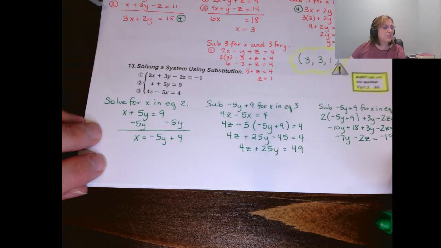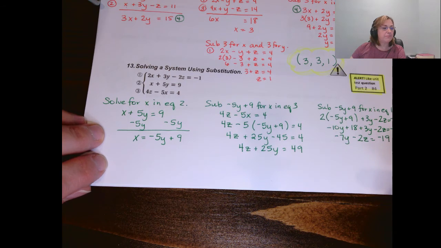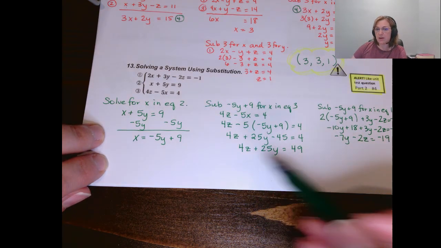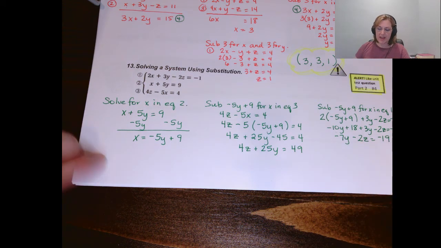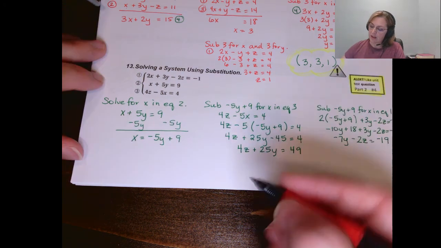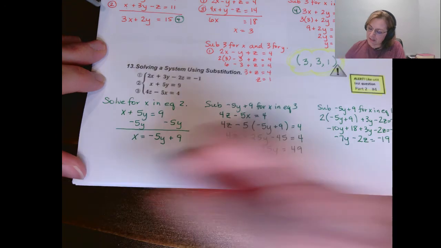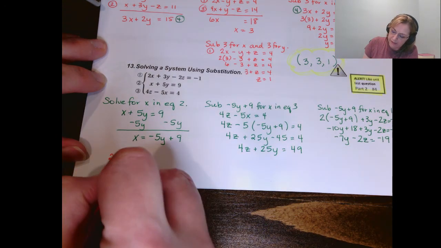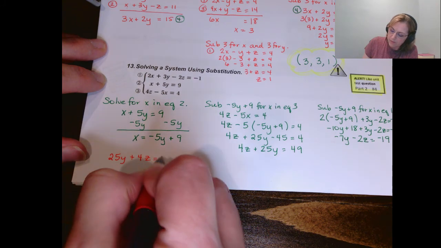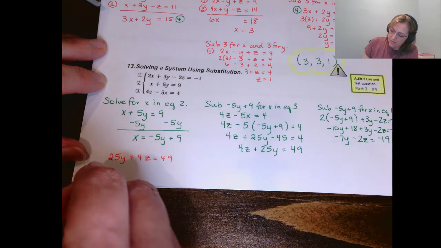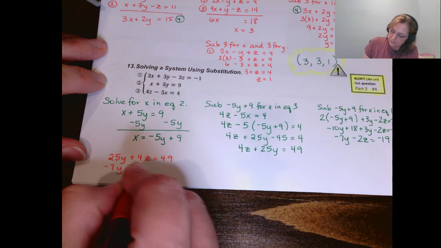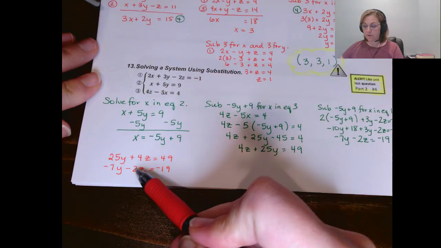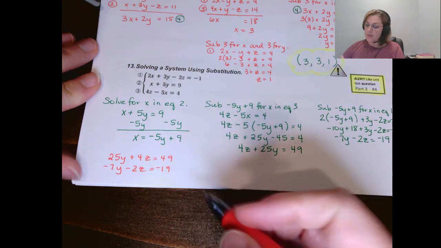But now that we've done those substitutions, look at what we've got. We've got 2 equations and they both have y and z. So I'm going to just stack them, okay? I'm going to put my y's first to make it a little orderly. And then here's my other one. Now, if I could get this to be a 4, a negative 4, then I could eliminate.